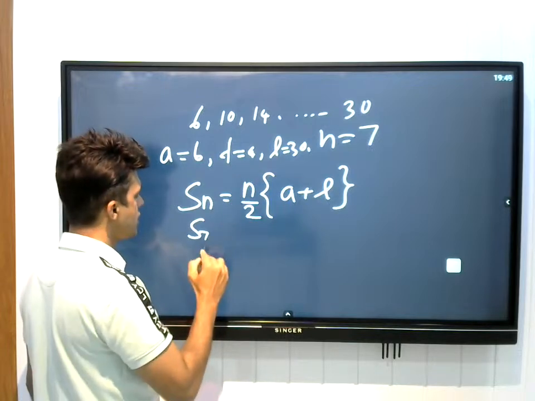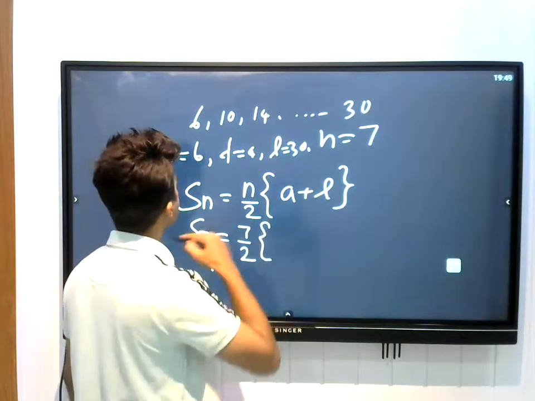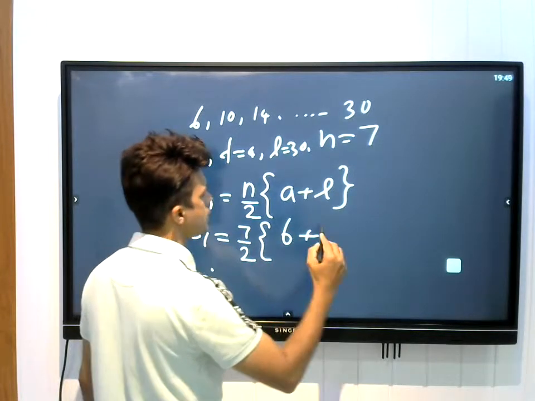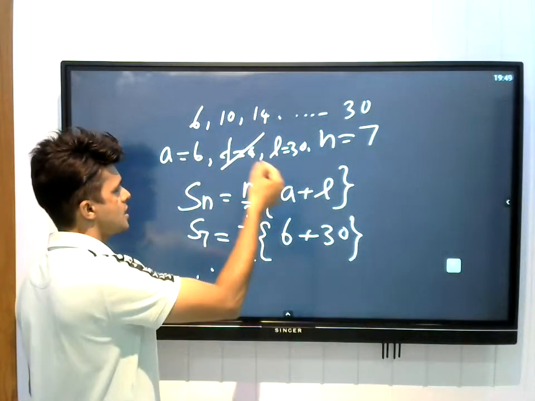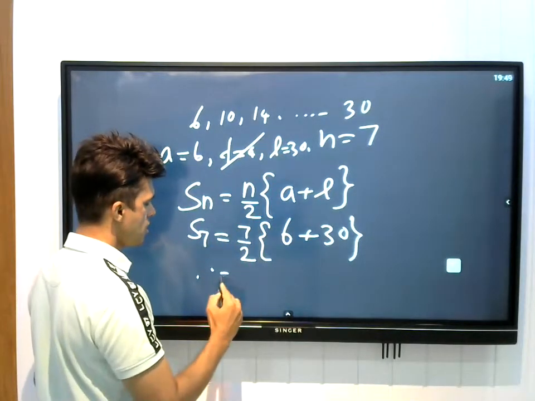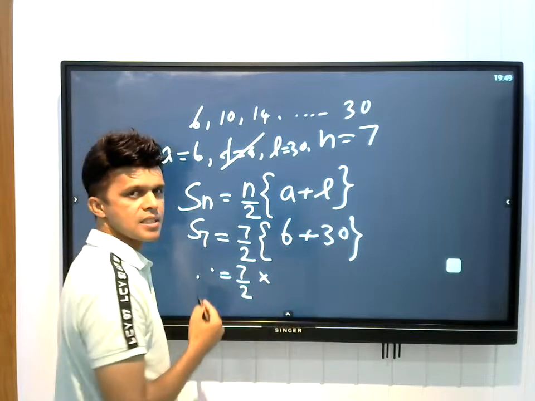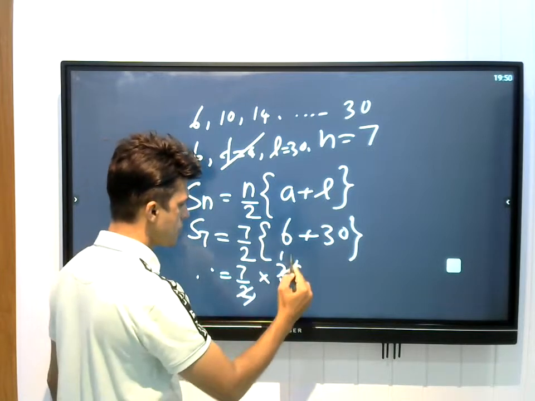So n equals 7 here. 7 over 2, a equals 6, l equals 30. You only write this one, right? The c is not met in this formula. So 7 over 2 times the sum of these two: 6 plus 30 is 36. Simplify, 1 time 18 times.